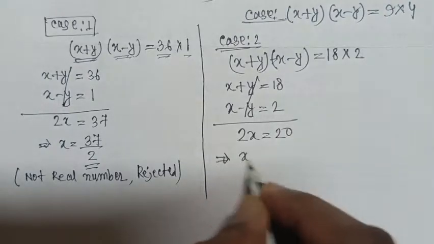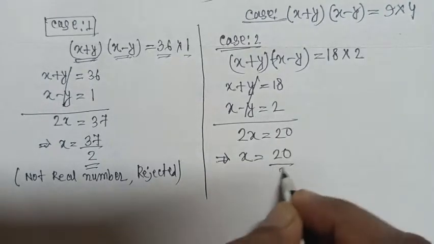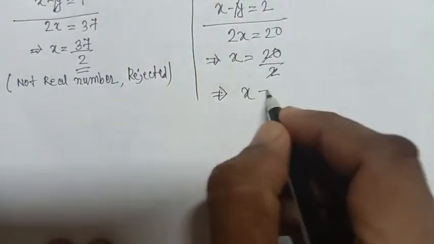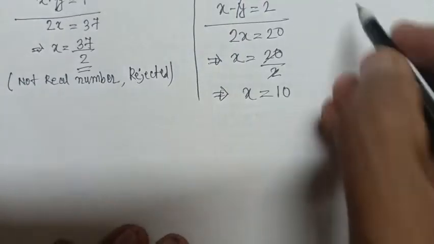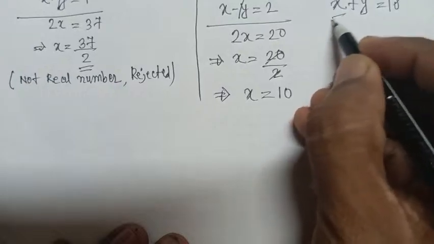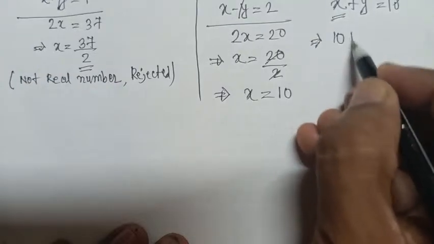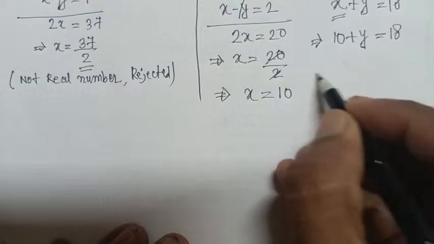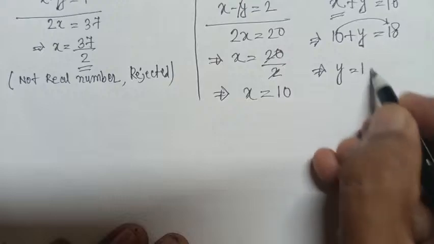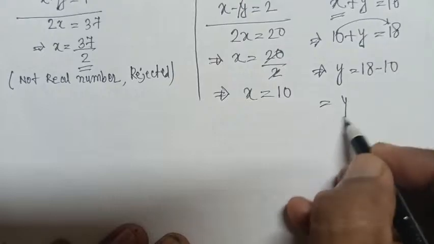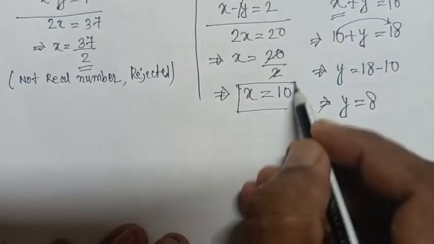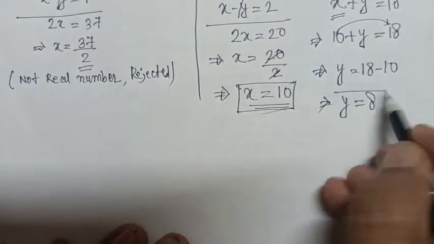So x is equal to 20 by 2, then x is equal to 10. Now we have x plus y is equal to 18. If we put the value of x here, 10 plus y is equal to 18. Moving this to the right hand side, it should be 18 minus 10, so y is 8. So we get the two values: x is equal to 10 and y is equal to 8.